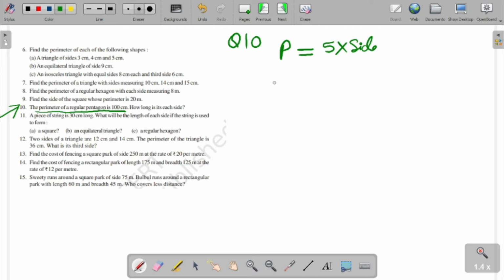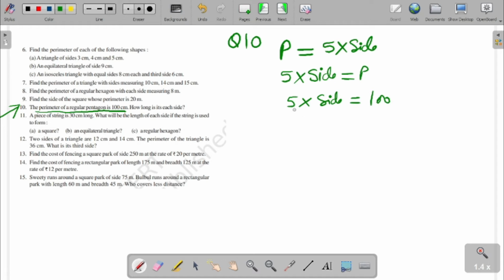You are given the perimeter, that is 100, or you can write it as 5 into side is equal to perimeter, or 5 into side is equal to 100.